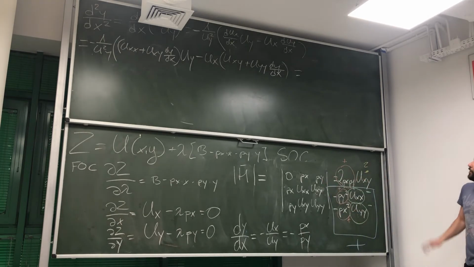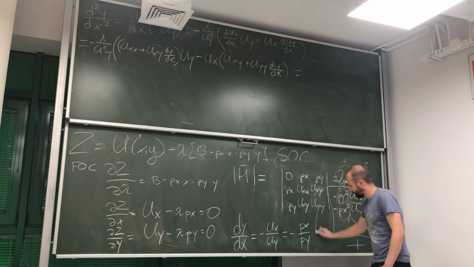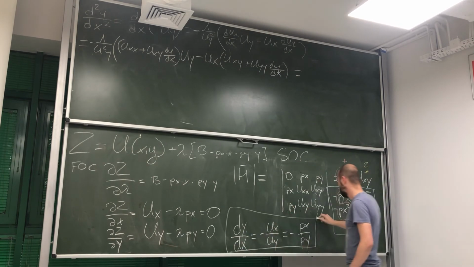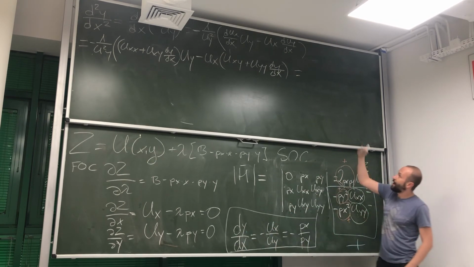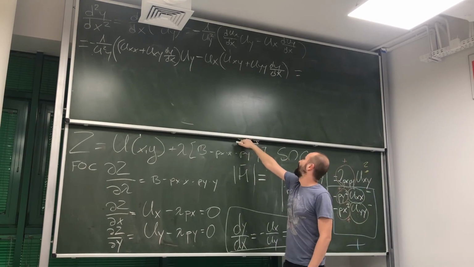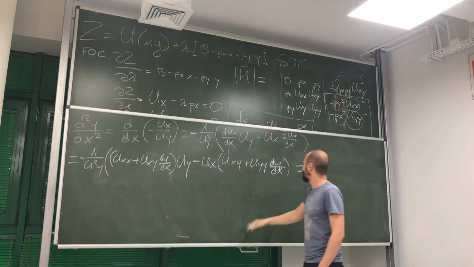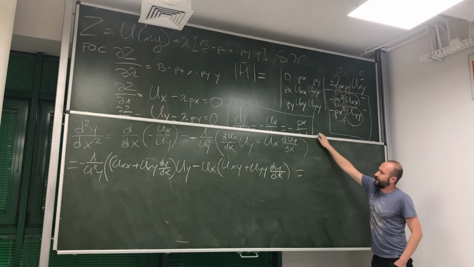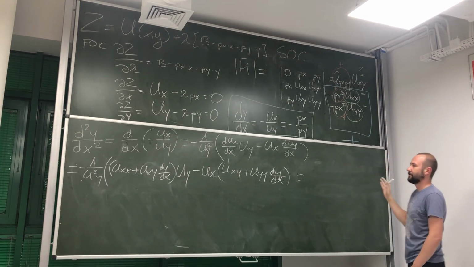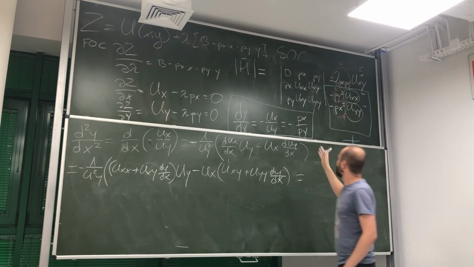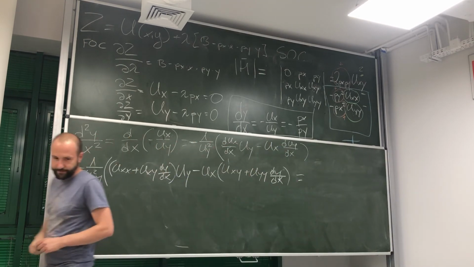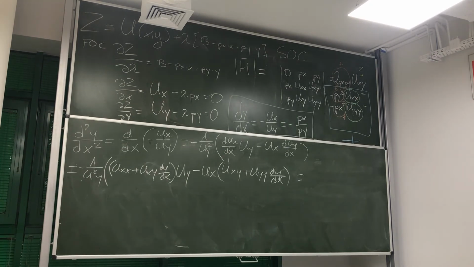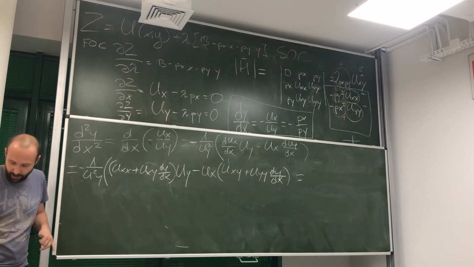Right? We can use it, as we know that this is what happens in equilibrium over here. Okay, so the first thing that I can do is to substitute dy/dx with negative px over py.